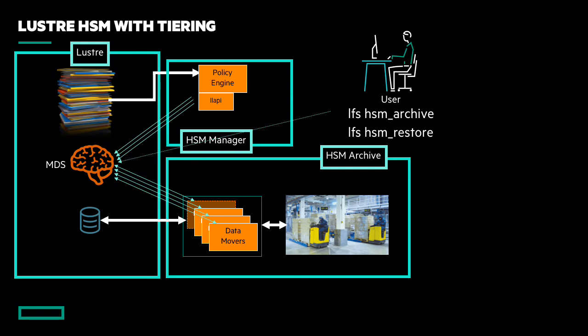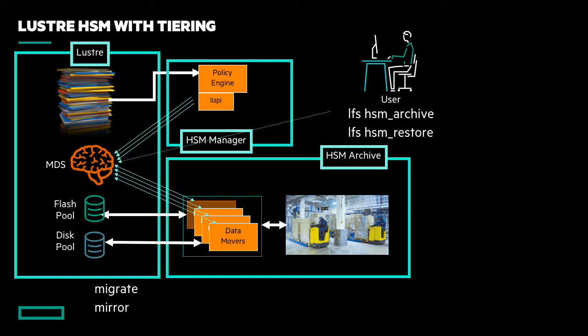So now let's talk about tiering. And by tiering, in this context, I mean moving data between two different pools within Lustre. So for example, we might have a flash pool and a disk pool, and we will use our Lustre migrate and mirror commands to make those data movements happen. Today, migrate and mirror are executed in a single thread on a single Lustre client.